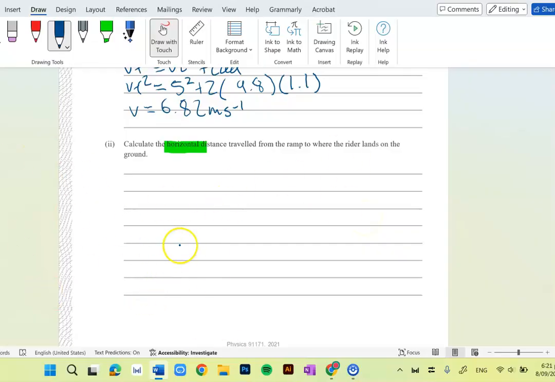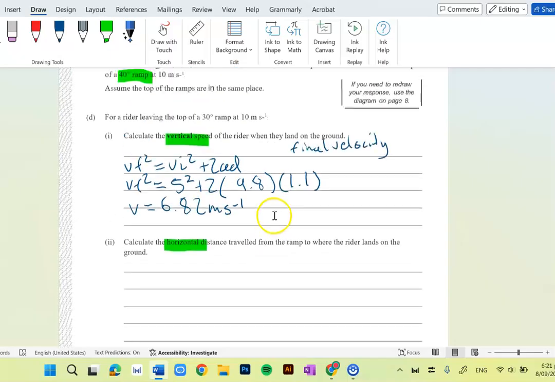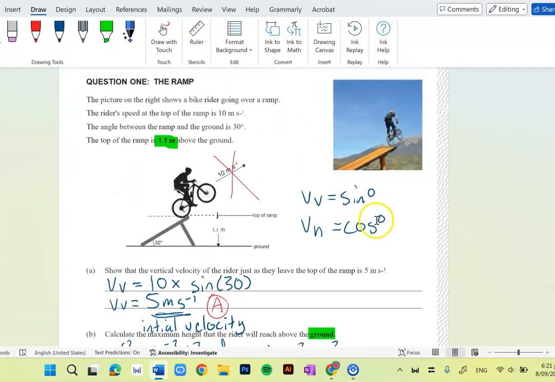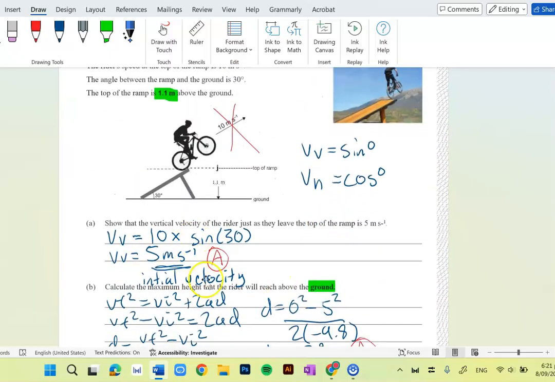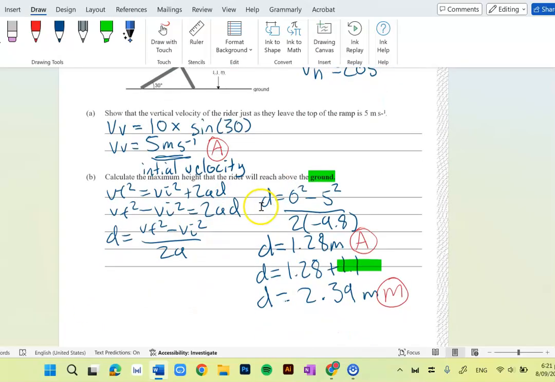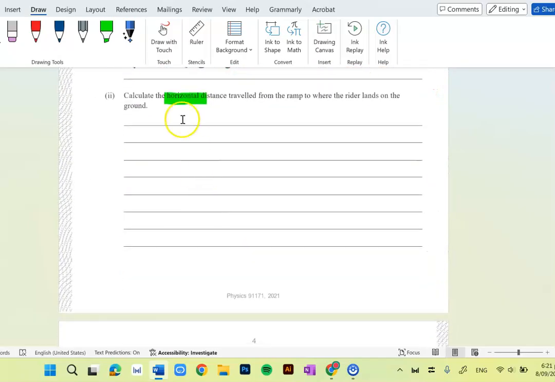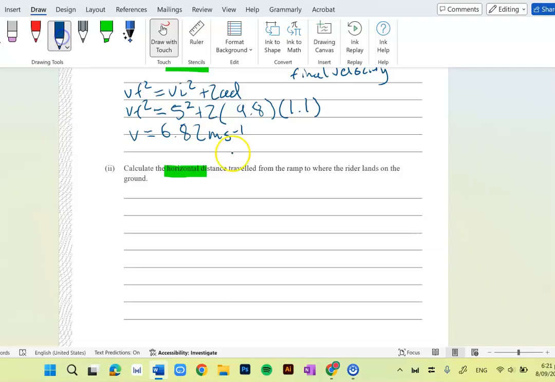So first of all, we're going to have to find the initial horizontal velocity. If we go back up here, we're going to have to use cos now. It's not the 5 anymore because that's the vertical. We're trying to find the horizontal now. So VH, which is horizontal, equals 10 cos 30.